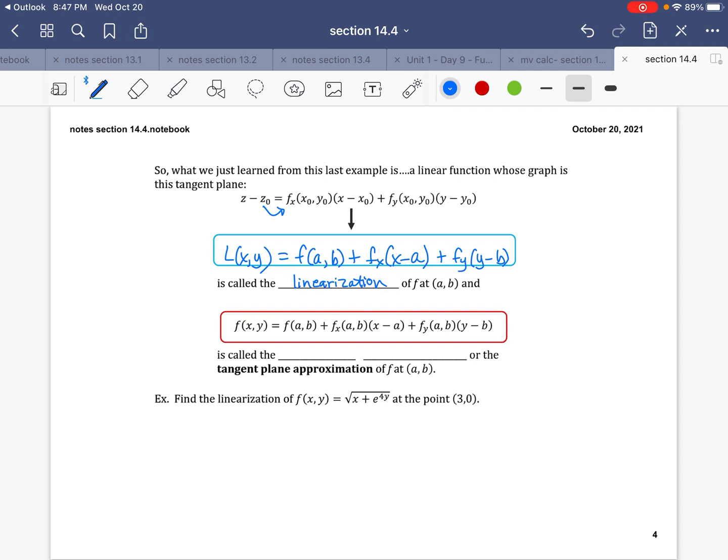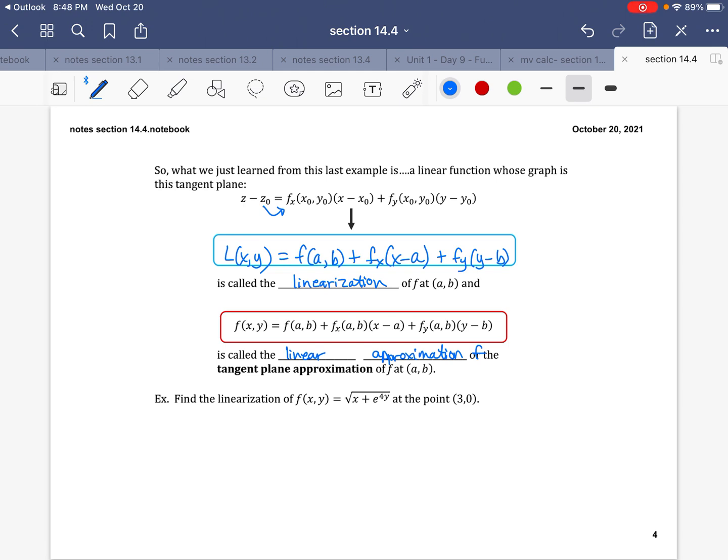All right, and so if we say L of xy, that's called the linearization of the function at AB, and if you change that to f of xy, that is called your linear approximation, the tangent plane approximation of your function at AB. So let's go ahead and do that down here.